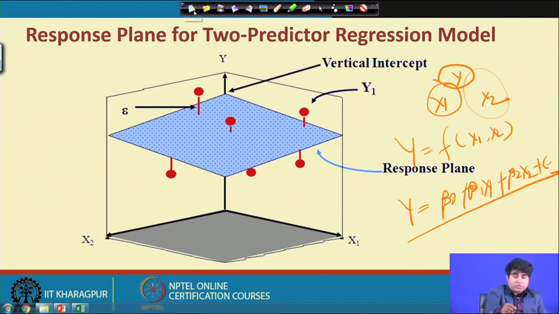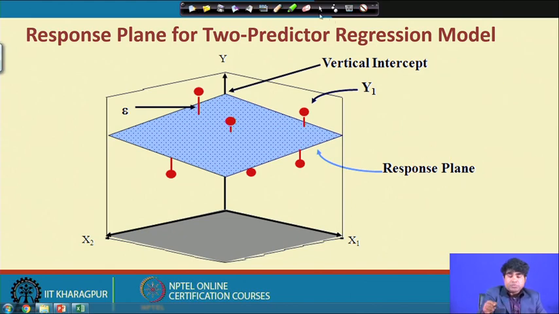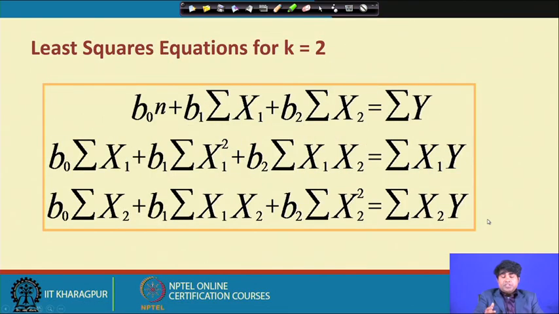Now we would like to see how the estimation process works. Ultimately, the idea is that we apply the least squares technique and try to minimize the error sum of squares, and the way we minimize the error sum of squares, the coefficients will by default be calculated.